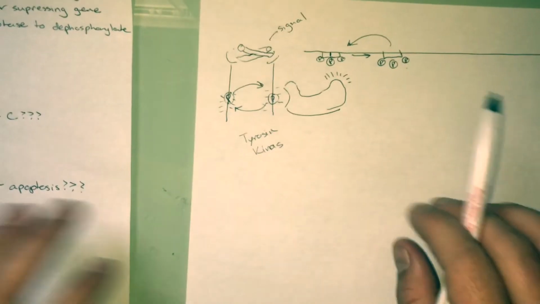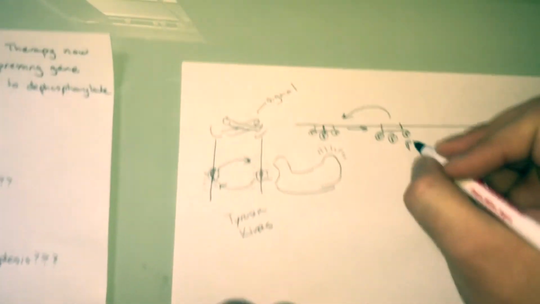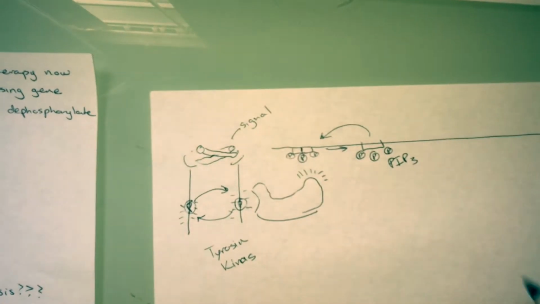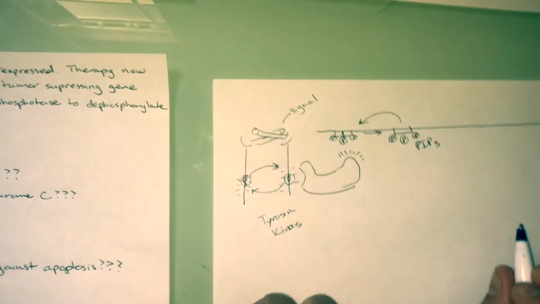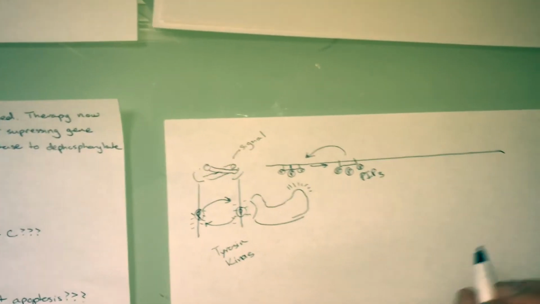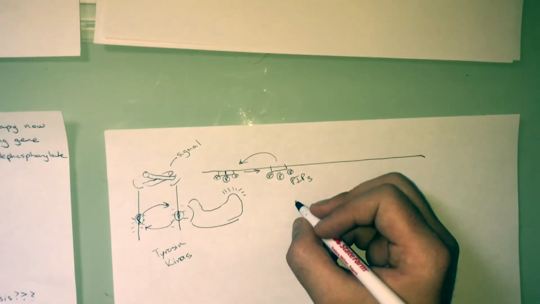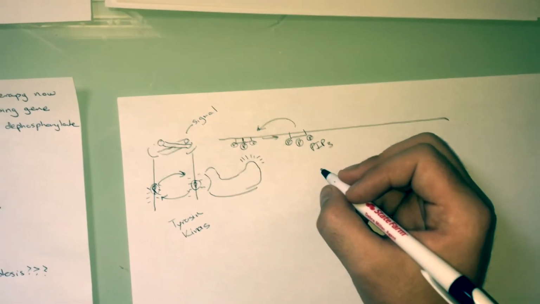However, if PIP3 remains, this transmembrane protein that's phosphorylated can survive by recruitment of two key PH domains.